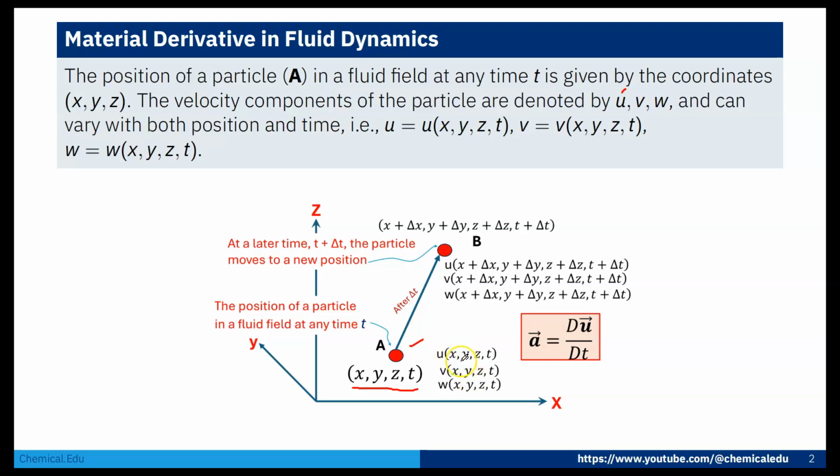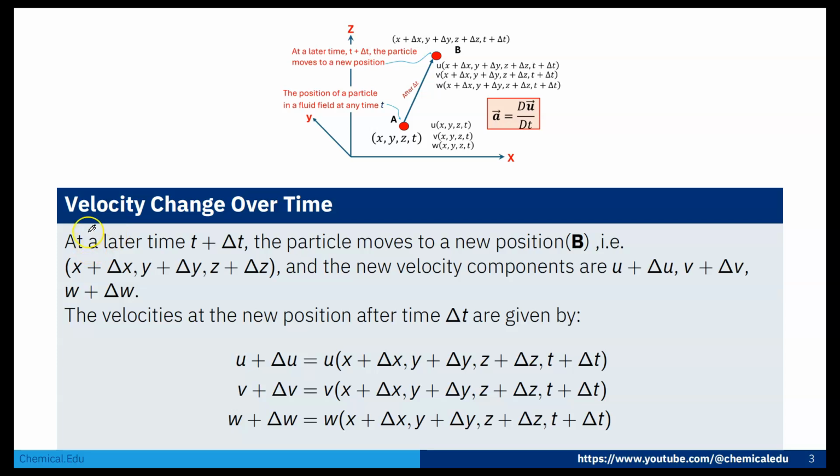That is, u is a function of x, y, z and t, v is a function of x, y, z and t, and w is a function of x, y, z and t. Now, velocity change over time.